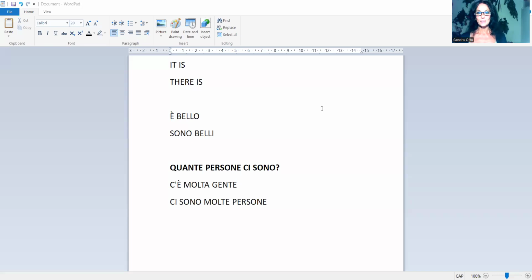Right. So, a very quick one today. We are going to look at "it is" and "there is". What happens here, I think, is caused by the fact that in English, normally, all the time, you do need the person, the subject, before the verb.